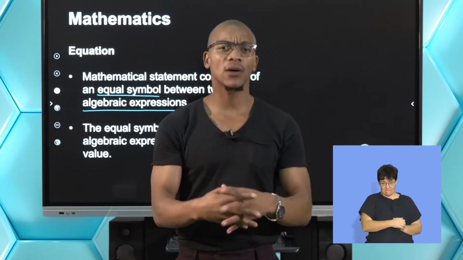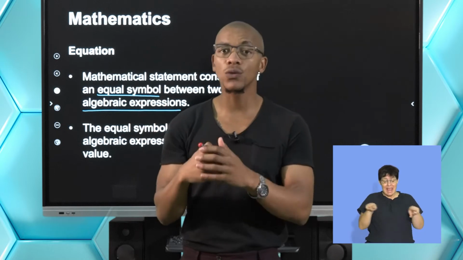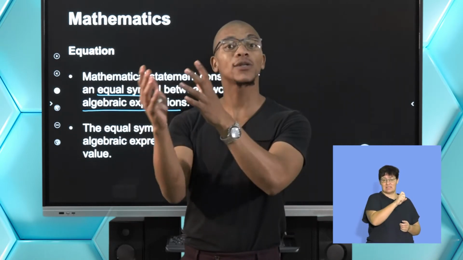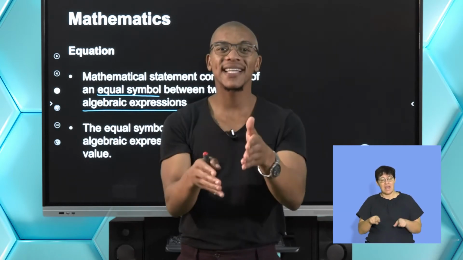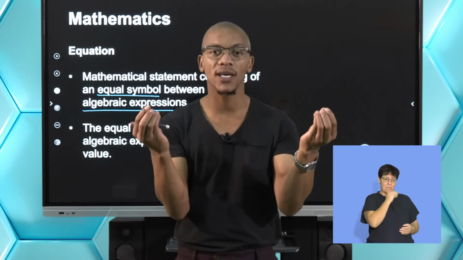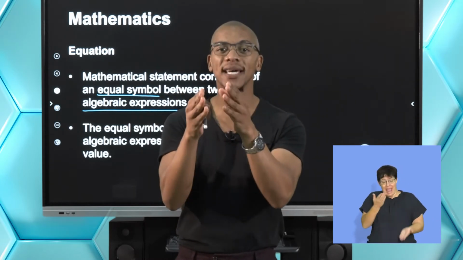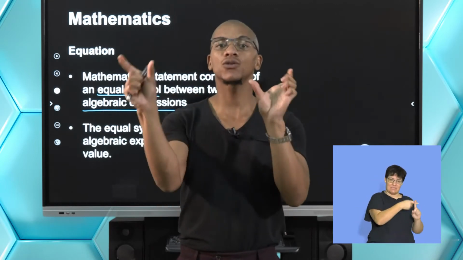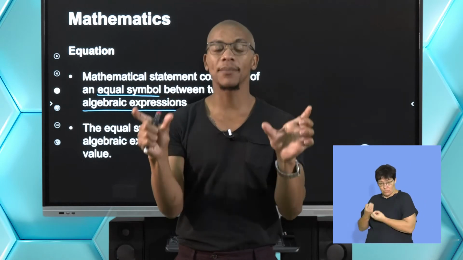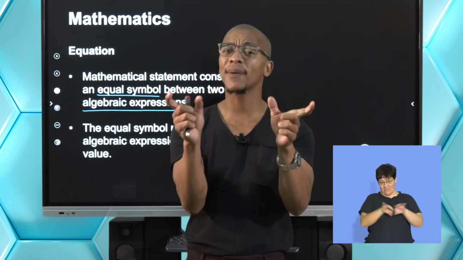But if I say an unknown number plus 5 has to be equal to 13, then you will say x plus 5 equal to 13. The equal sign is what distinguishes between an expression and an equation. The other interesting thing about the equal sign is that it means the 2 expressions we are talking about are equal to each other, meaning they have the same value, which is my next point.